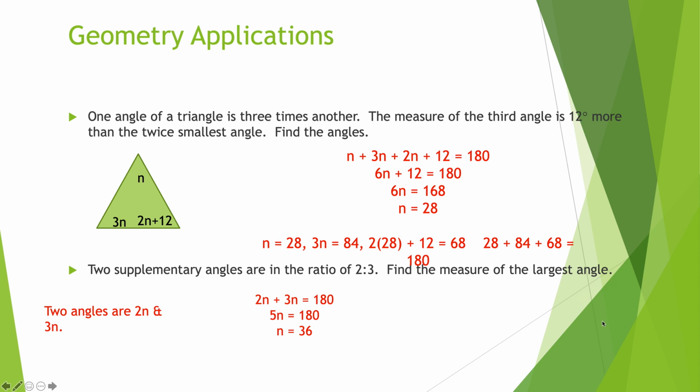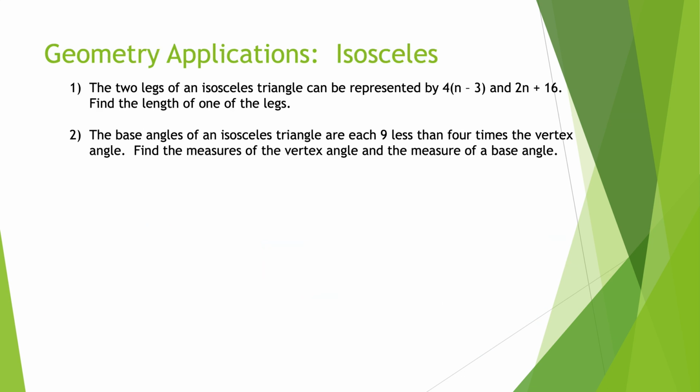The largest angle is going to be the 3 times n angle. So there are two angles. One is 72 because it's 2n, or 2 times 36, and the other one is 108 because it's 3 times 36. So the answer is 108. And I list the 72 and the 108 because, again, if I check real quick, we add up to 180 degrees.